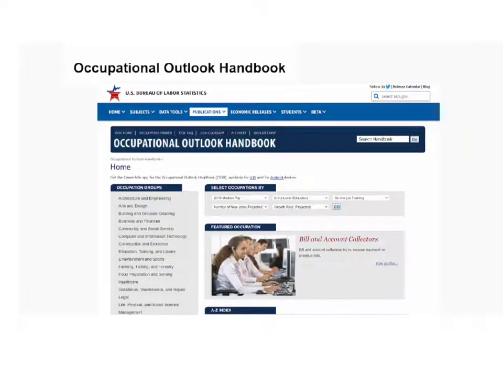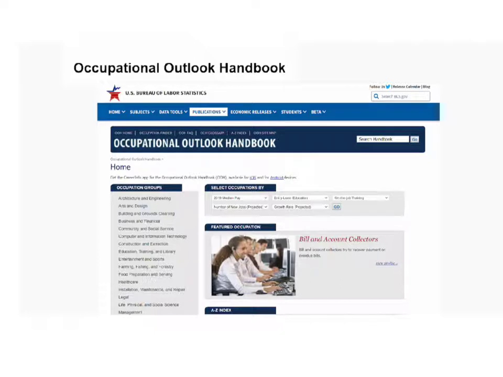Here's a great website. I'm always on the lookout for good websites. This is the Occupational Outlook Handbook, which projects which occupations are going to be getting hot, which also tells you things about what kind of education you need for occupations, what the growth rate is, the number of jobs that are projected.